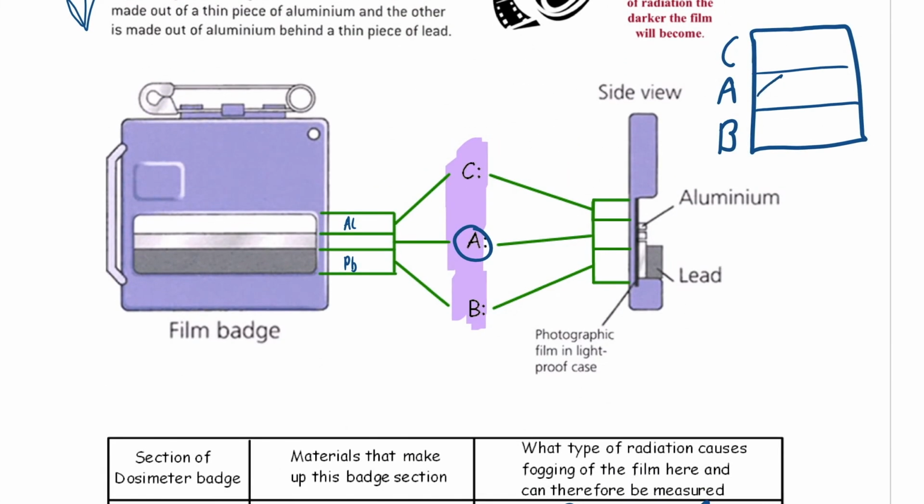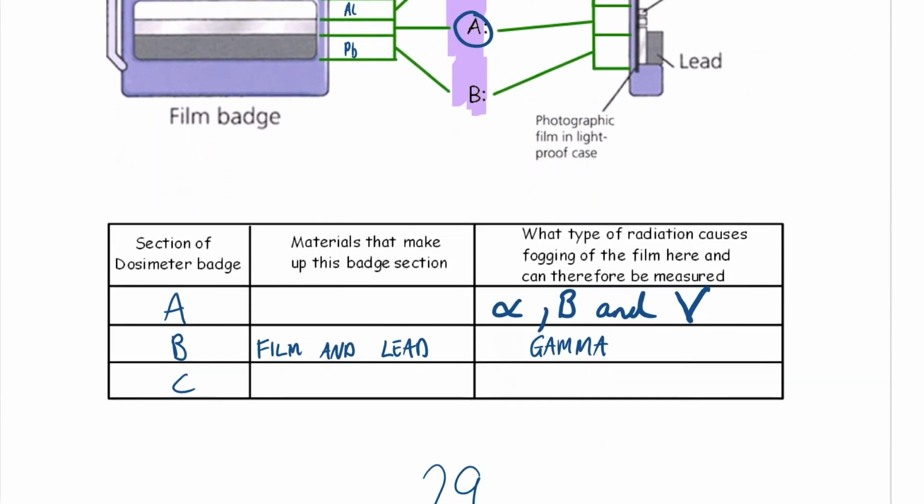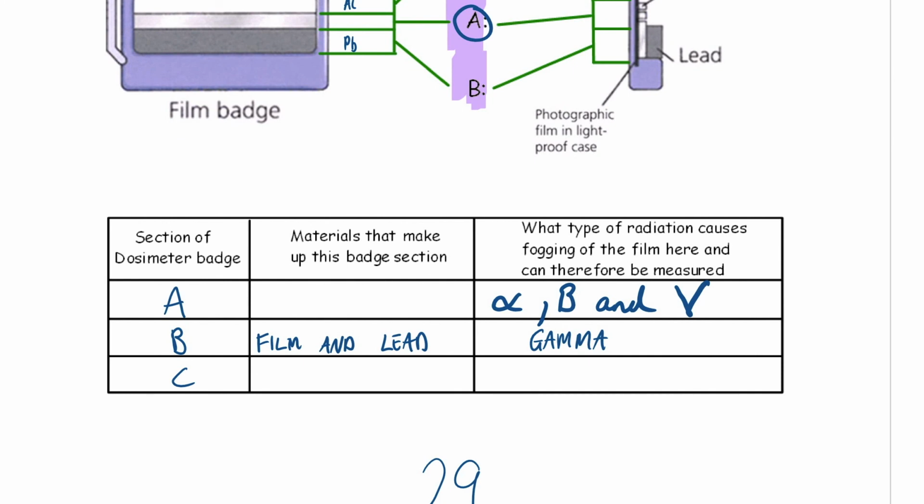So you'd expect that to be darker than the other two if alpha was colliding with and irradiating that photographic film. The materials that make up this badge: A is just the film itself, whereas B is the film and lead, and C is film and aluminium.